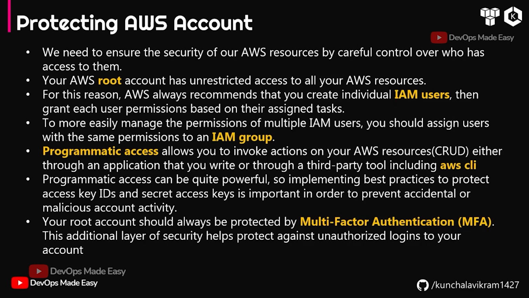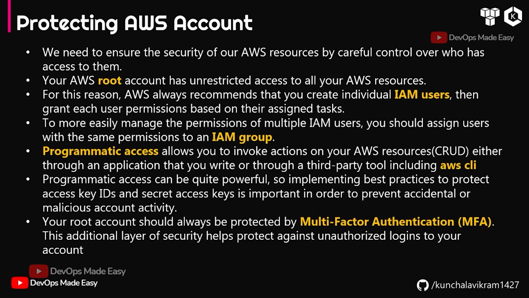And also programmatic access, which we already know. Using the AWS CLI, we can talk to the AWS services, and using programmatic access we can create, delete, update, or modify any AWS resources. So we need to also make sure that the programmatic access has a limited set of privileges within your AWS account.